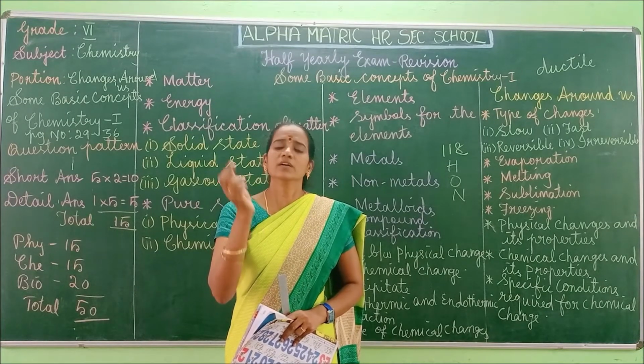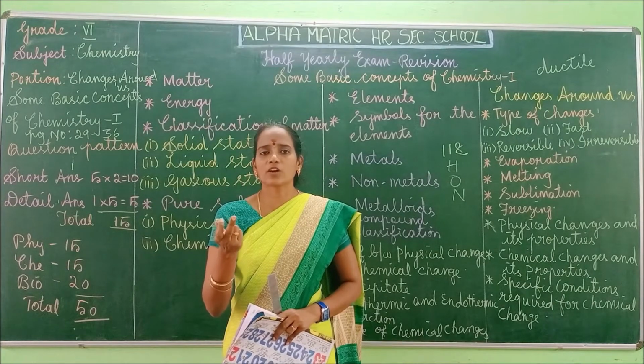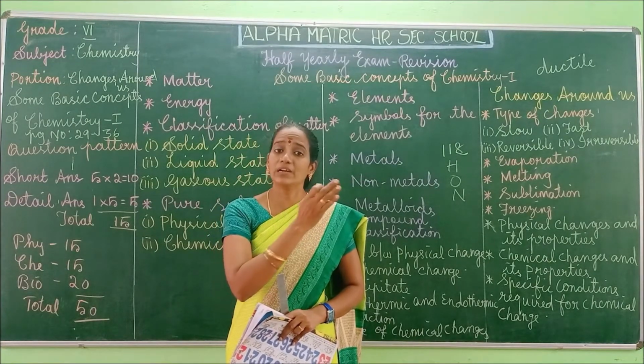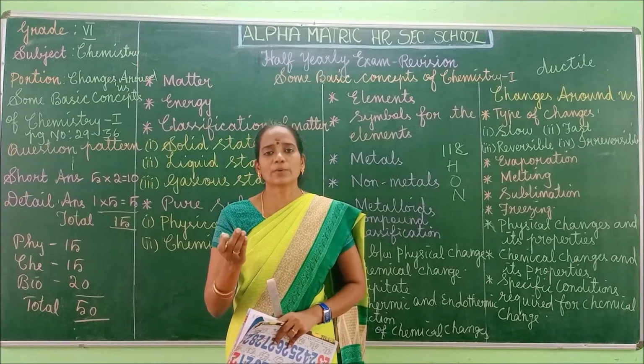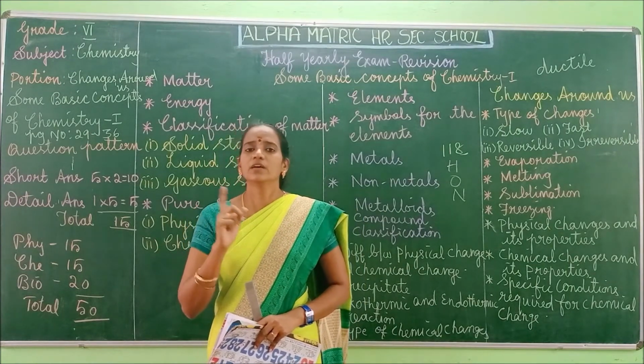Got it, children? Can you understand the difference between organic compound and inorganic compound? Organic compounds are obtained from living sources. Inorganic compounds are obtained from non-living sources. That's the difference between these two.